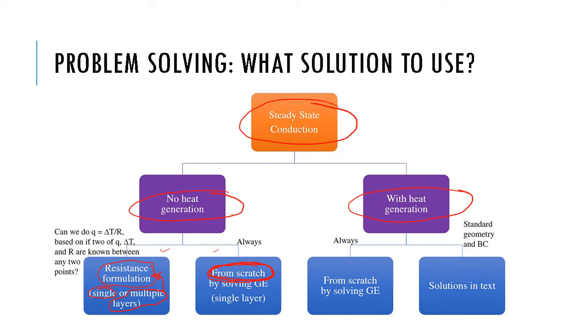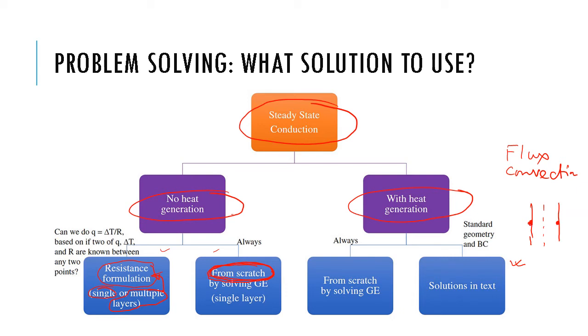Now with heat generation, again the same idea, we did the one for a slab. Now remember, for the slab we did it with constant temperature given. That's just one type of condition. If we change the boundary condition to flux or convection, then the solution we did is not going to be valid.